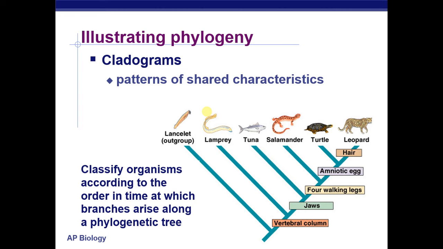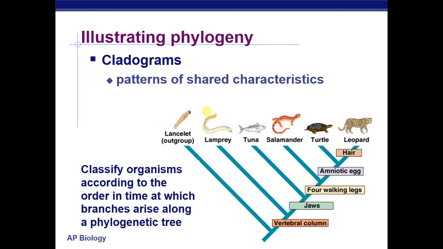We call one particularly like this a cladogram because it separates organisms or species based on shared or derived characteristics. So as you see, the cladogram branches according to the time at which a specific characteristic arose along this tree.